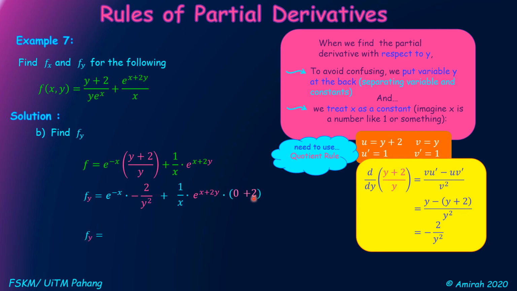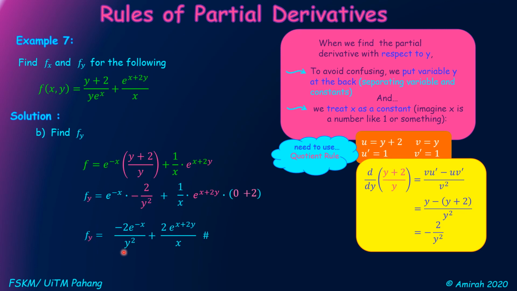And after that, we can simplify. So when we simplify, we get negative 2 e to the power of negative x over y squared. We just multiply e to the power of negative x with the numerator only, because e to the power of negative x here means over 1. So over 1 here, we multiply by y squared.